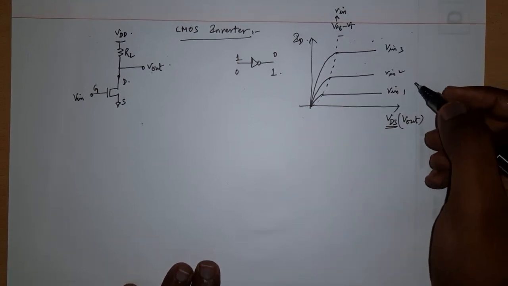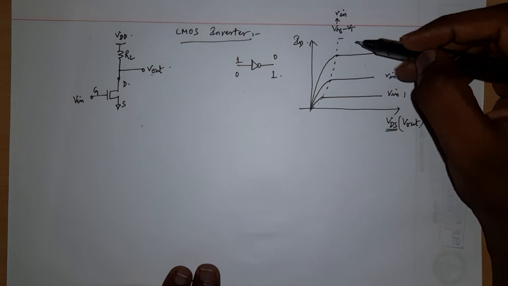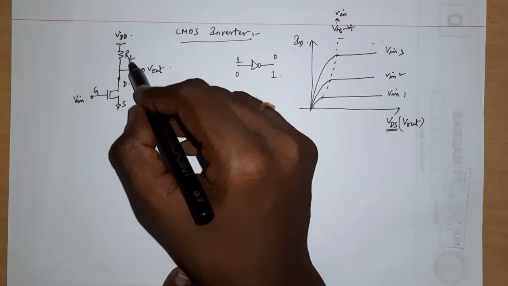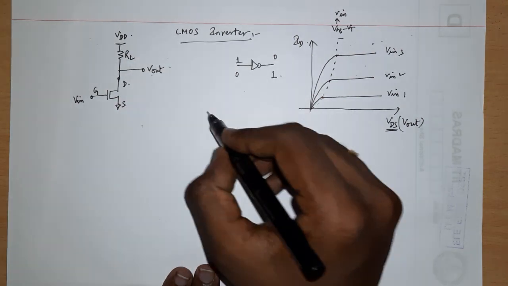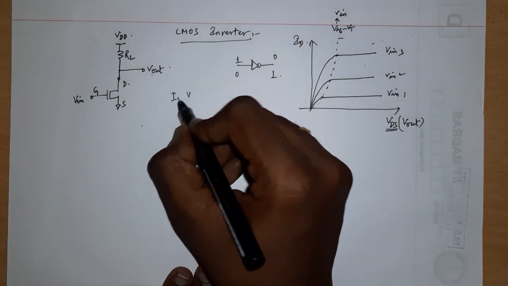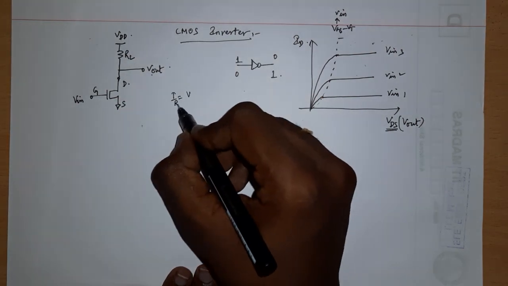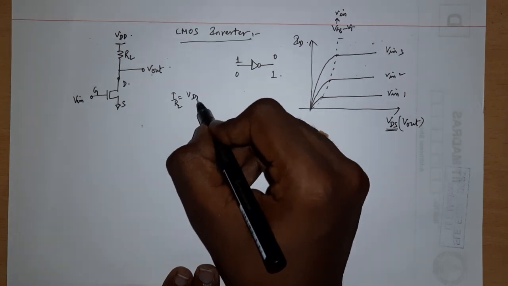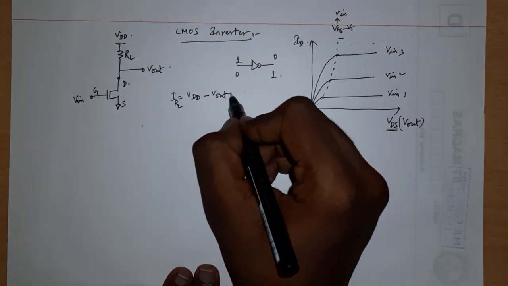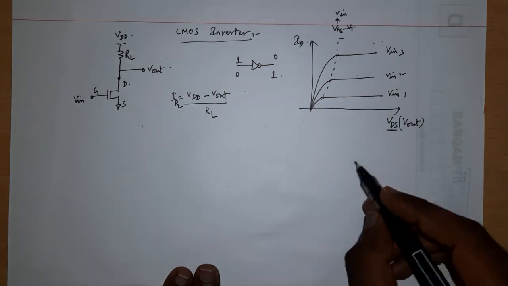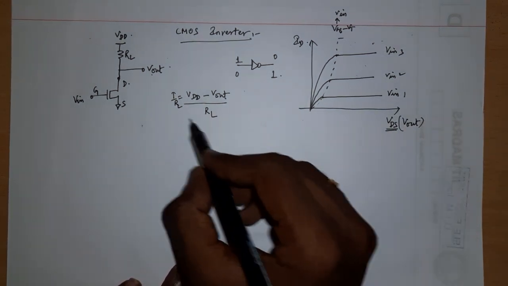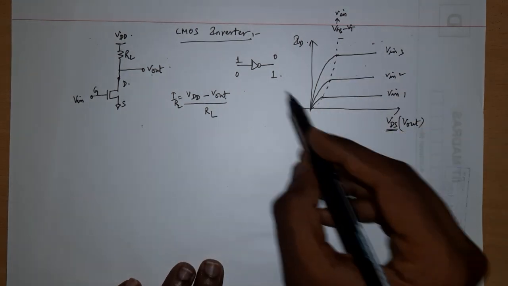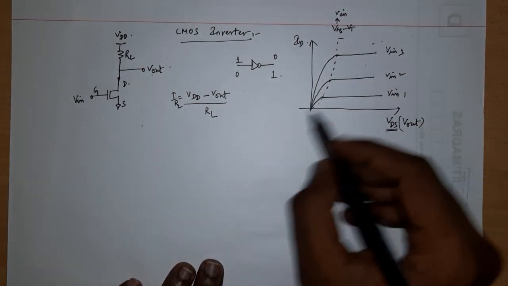Now what will be the load line of current through this particular resistor? That will act as a load line, which is nothing but IRL is equal to (VDD minus Vout) by RL, right? So how do I draw the load line? It can be drawn easily. This is an equation; you just have to find the two intercepts.